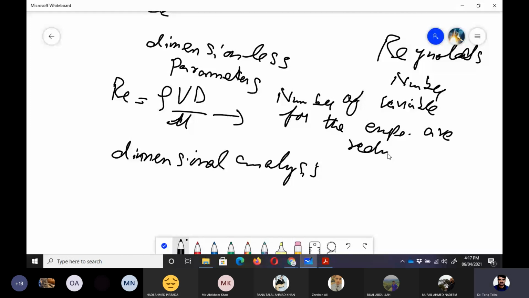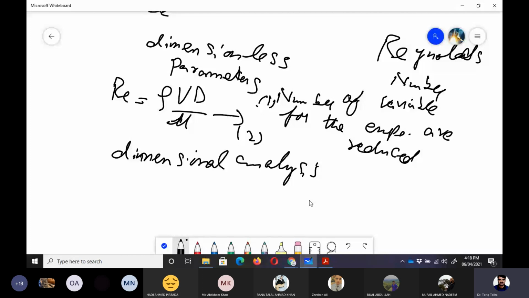And secondly, we can compare the results of an experiment conducted in one wind tunnel with experiments conducted in another wind tunnel having the same Reynolds number. So for comparison purposes, it is quite easy if we are conducting the experiments in dimensionless quantities.